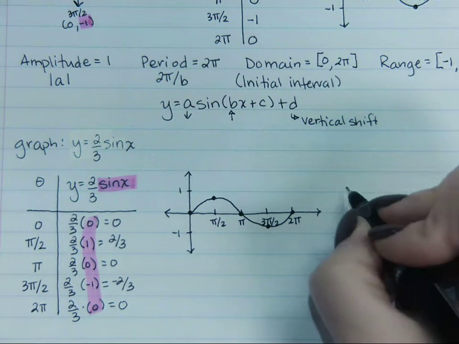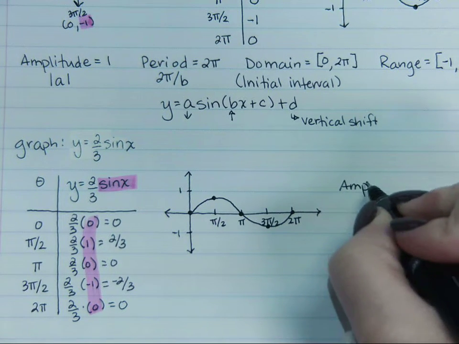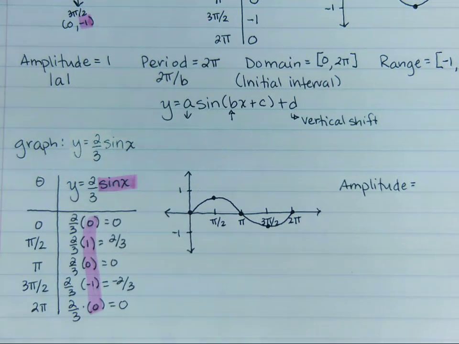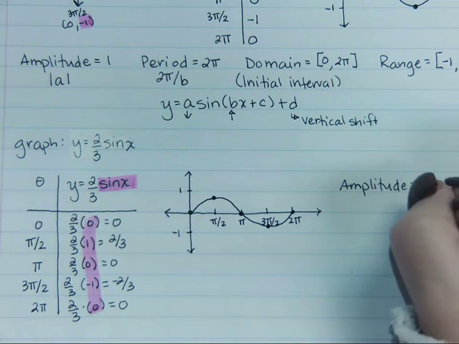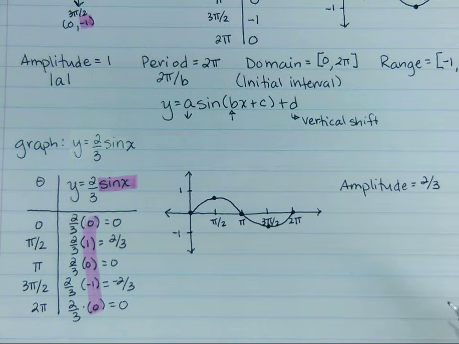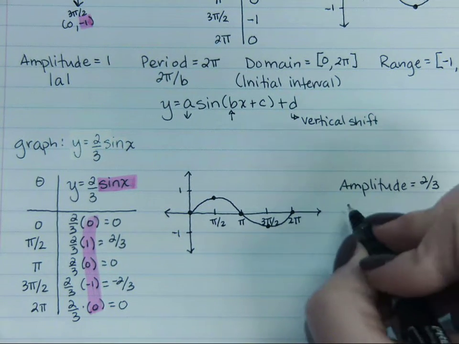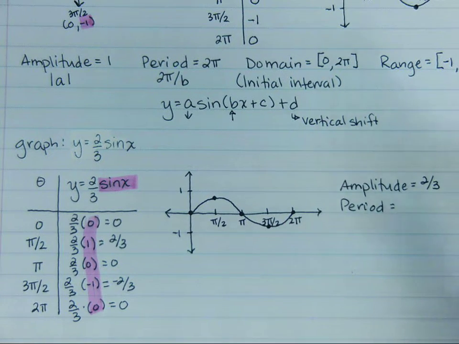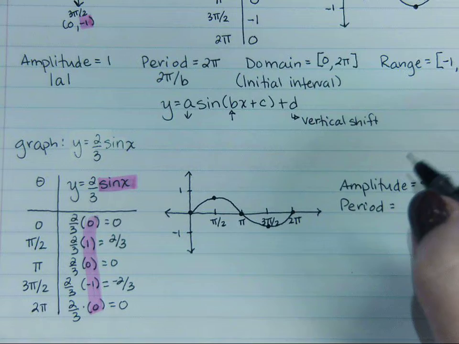And so when we discuss what is our amplitude, right, our amplitude in this case now is 2/3. It's that number in front of the sine function that changes the height. Right? The period of this graph hasn't changed. It still started at 0 and went to 2 pi.